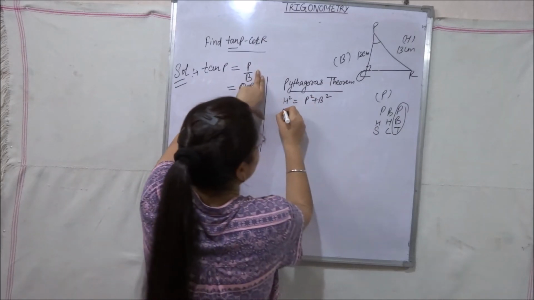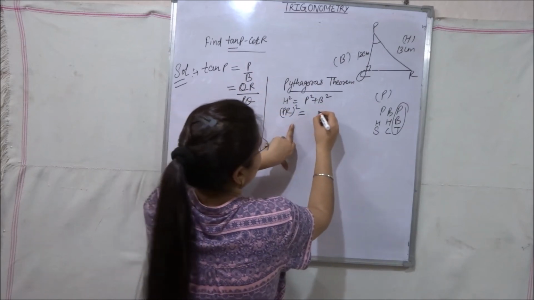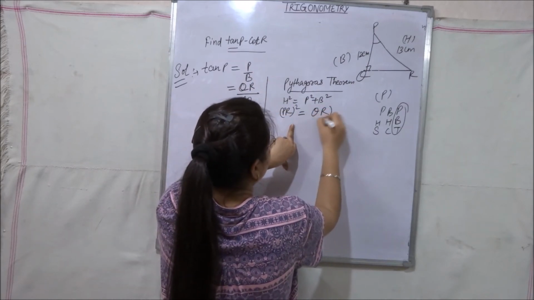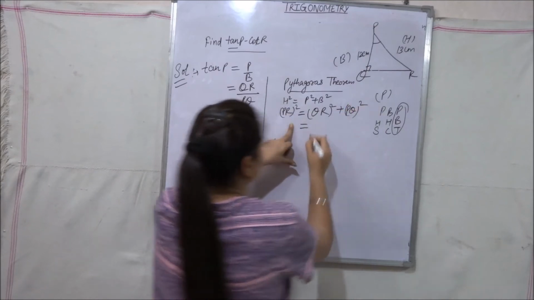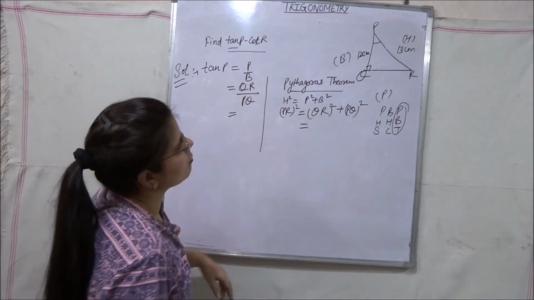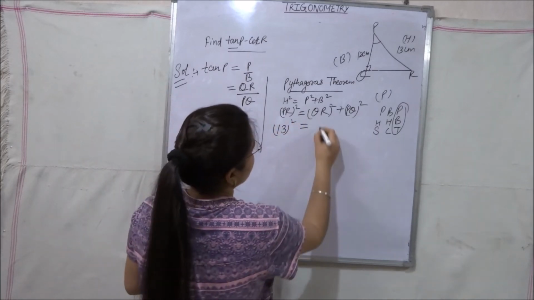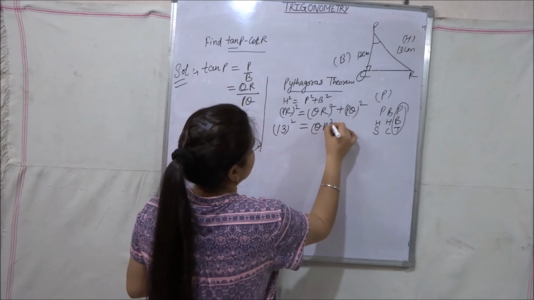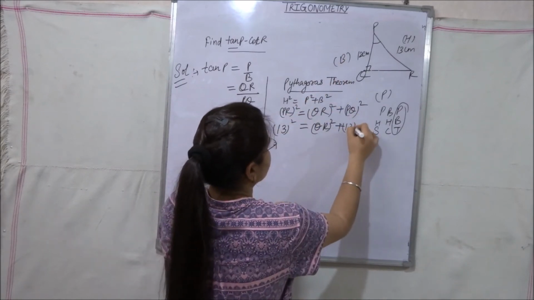So H is PR square, P is QR square, B is PQ square. Now value of PR is 13, value of QR is unknown, and value of PQ is 12 square.